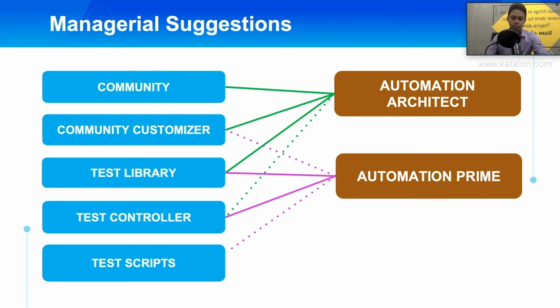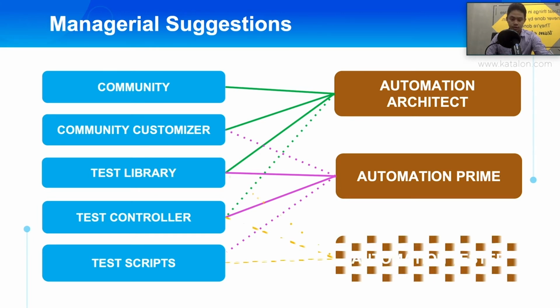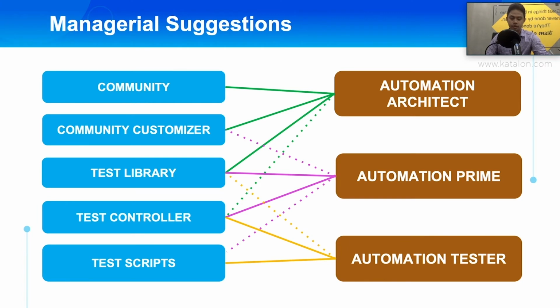Next, you have the automation prime to take care of the common functions in your project, to control the testing flow, also take care of the environment such as staging, production, or development, and also control the product versioning. Lastly, you have the automation tester. This is the person who works on the scripts and a little bit on the test controller.